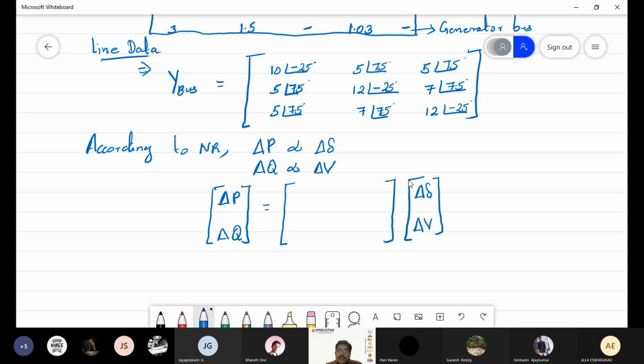Alright, now what is actually inside? That is the partial derivatives of the real power with respect to del. Therefore, here we can see dou P divided by dou del.